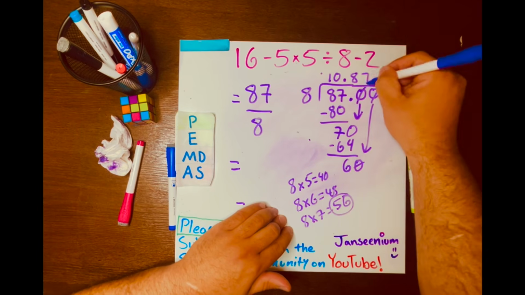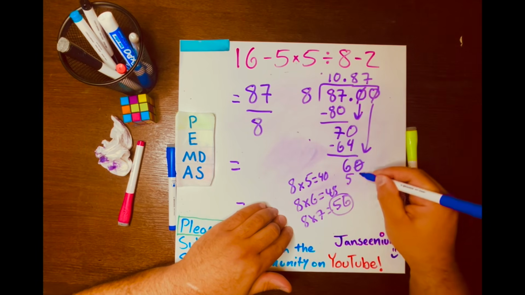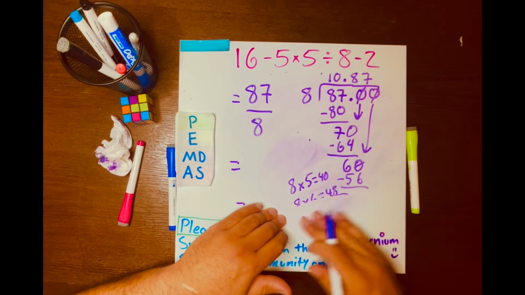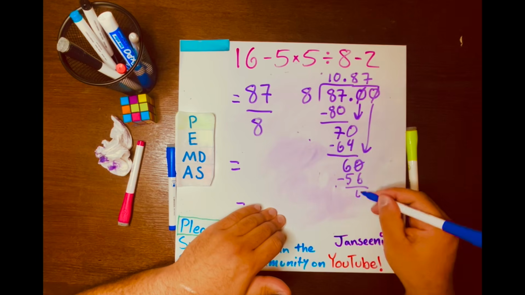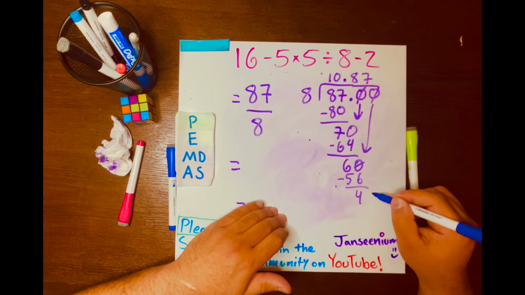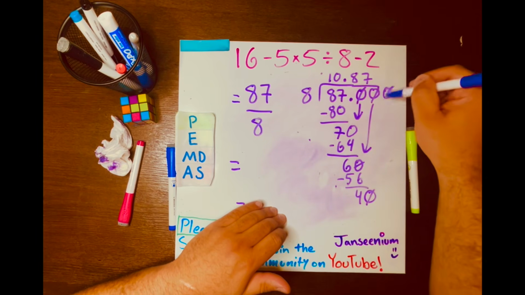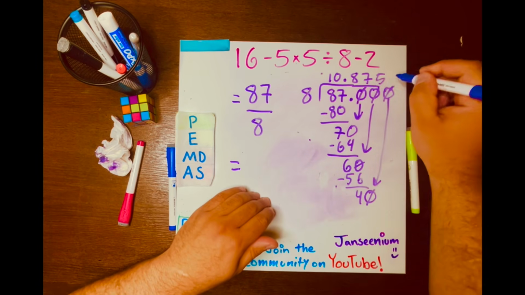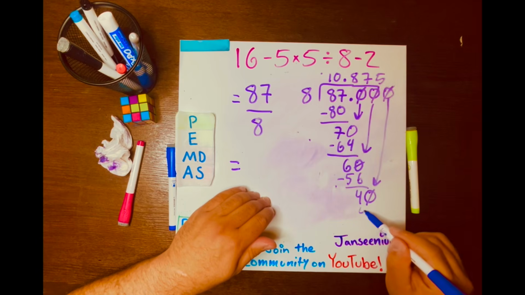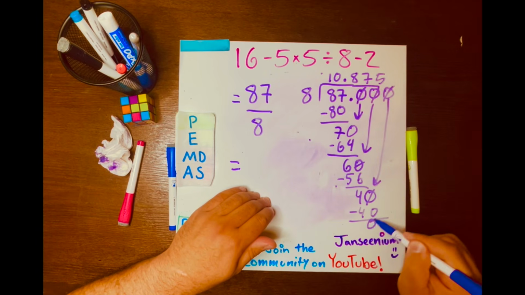So that's 7. 7 times 8 is 56. And then I subtract 60 minus 56, that's 4. You can't fit 8 into 4, so the 4 needs to borrow a 0. It becomes 40. 8 can fit into 40 5 times. 5 times 8 is 40, and 40 minus 40 is 0.